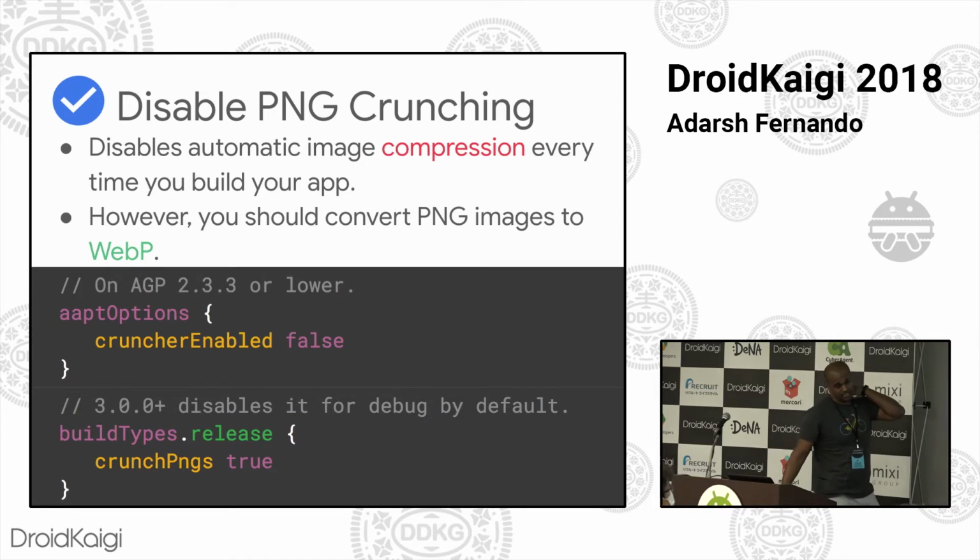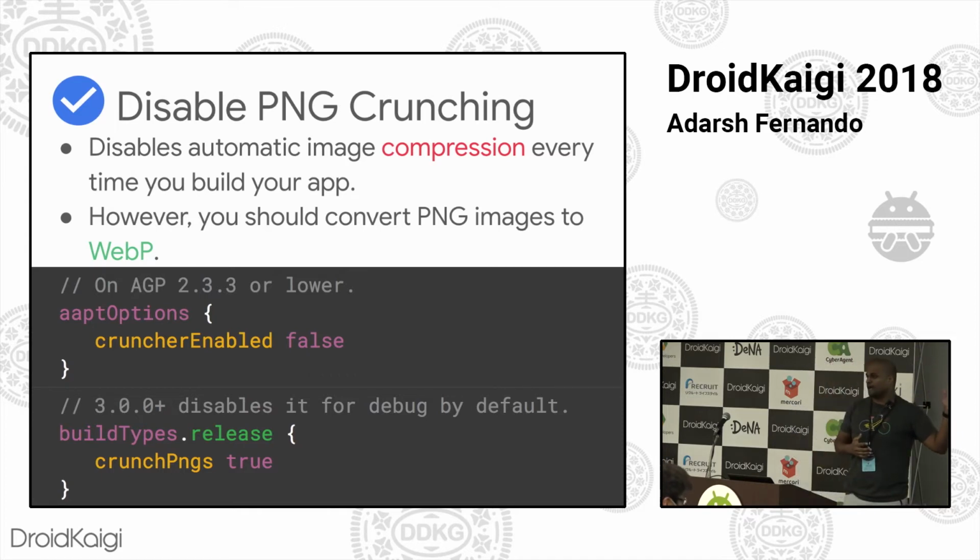Disable PNG crunching. Now, PNG crunching is great if you have a lot of PNG files. It's great for your release build because your users want super small APK sizes, but don't enable PNG crunching for your development build. Because every time you build your app, Gradle has to process or compress your PNG files.